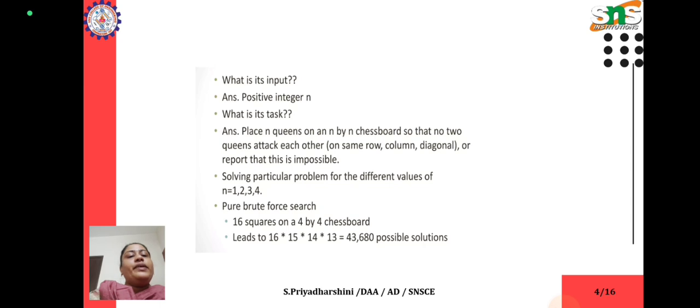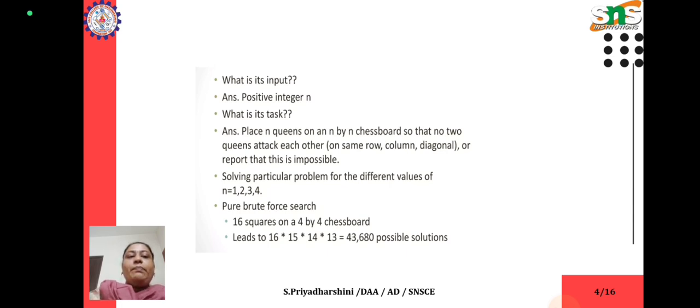Let us solve the problem for different values of n equal to 1, 2, 3, 4. For n equal to 1, it is a 1 cross 1 chessboard. We can place the queen on it, and since it is only one queen, there is no problem at all. Suppose n is equal to 2. It is a 2 cross 2 chessboard with 4 squares.